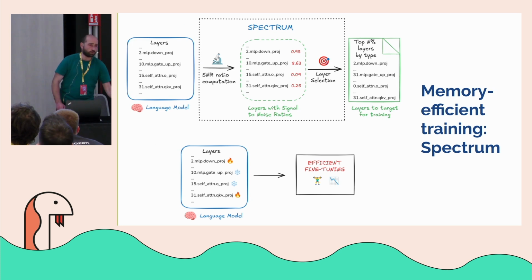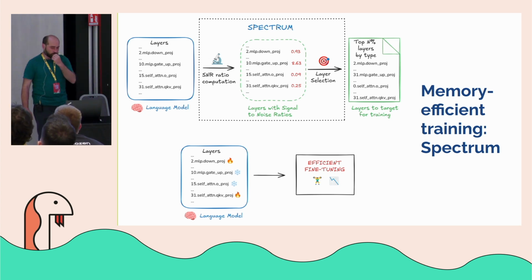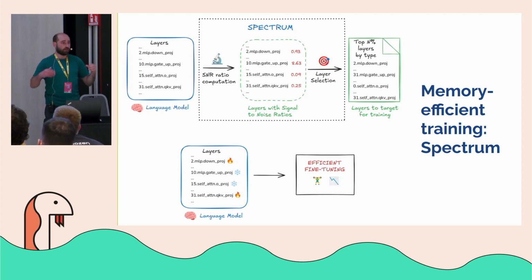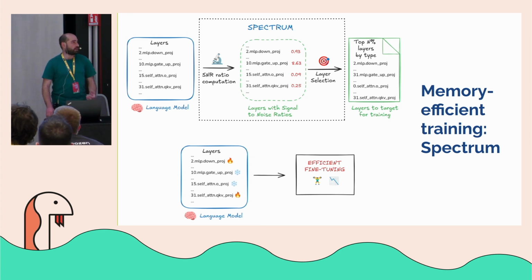But I also want to introduce Spectrum, which is less popular, but a good method. Here, the idea is to select beforehand which parts of the model you want to train. The authors try to discover which parts of the model are more important, so the parts of the model which have highest signal-to-noise ratio, using matrix analysis.